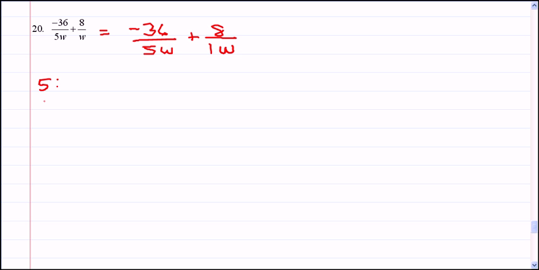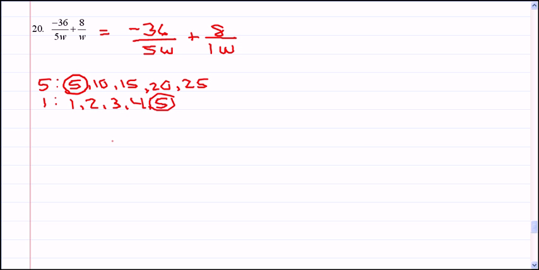And when I list the multiples of 5 and 1, the least common denominator is 5, and I only have to multiply the second fraction by 5 because the first fraction already has a 5.